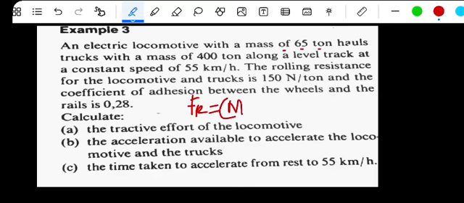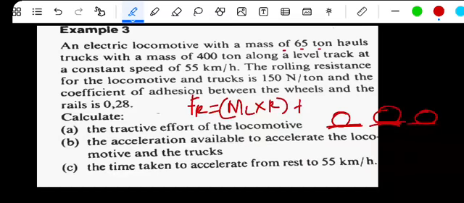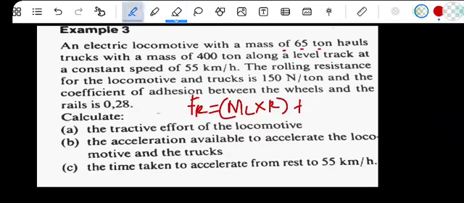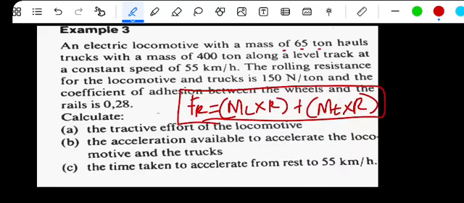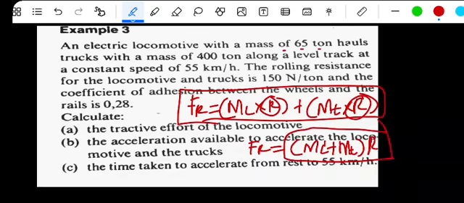So we'll have the mass of the locomotive multiplied by the rolling resistance, plus the trucks also have wheels, so FR is acting there too. So we add the mass of the trucks multiplied by R. If you want, you can take out a common factor: FR can be ML plus M of the trucks, multiplied by R.